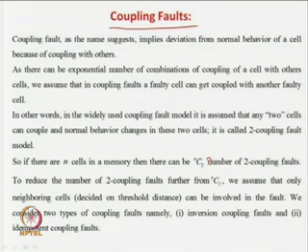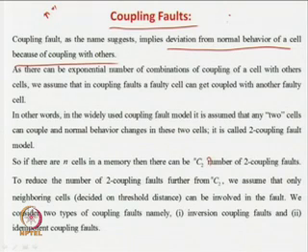Coupling fault, as the name suggests, implies deviation from the normal behavior of a cell because of coupling with other cells, because of getting influenced by other cells. Say this is the faulty cell, and let there be n plus 1 cells in the memory.